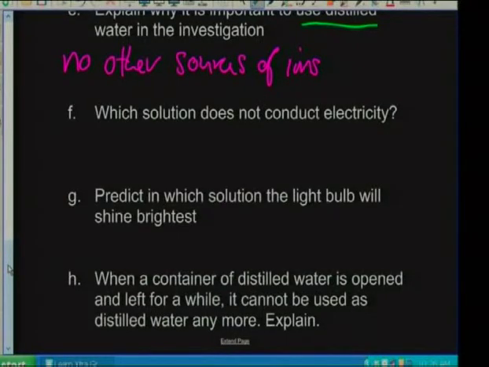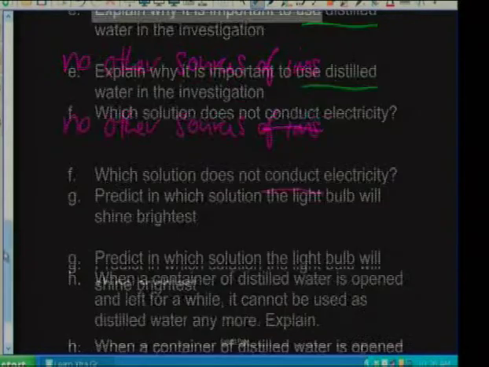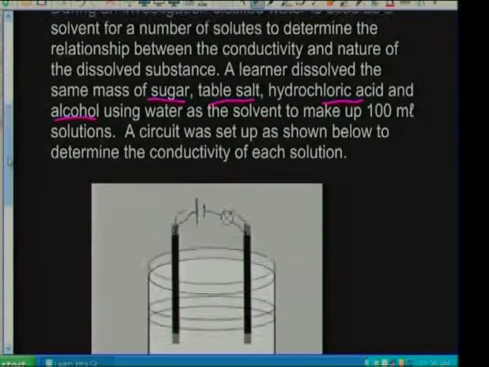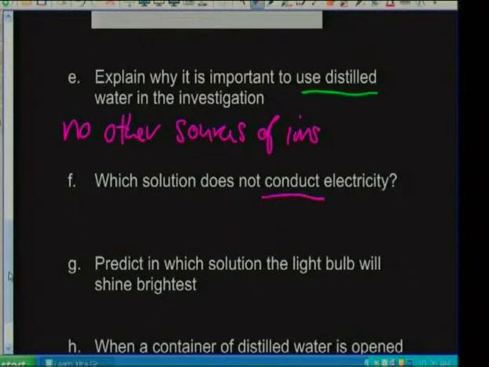So, next thing, which solution does not conduct electricity? Let's have a look at what those solutions were. We recognized we've got sugar, we've got hydrochloric acid, and we've got some alcohol. And we've got table salt. Which solution does not conduct electricity? Well, there are two options here.